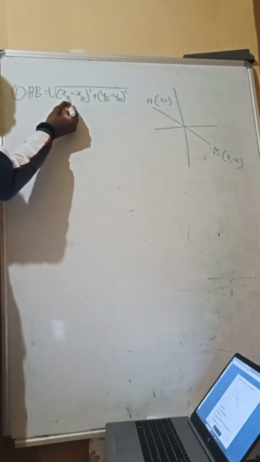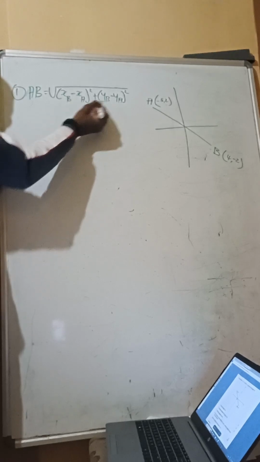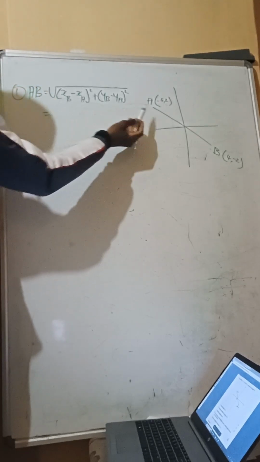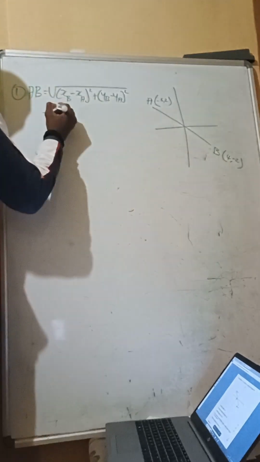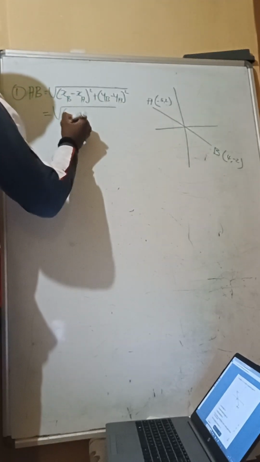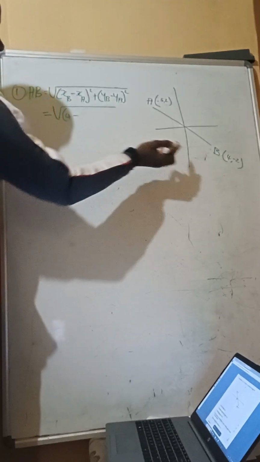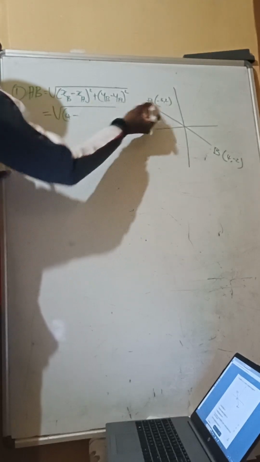Remember that if you first start with A, even on the side you must start with A. So the x of B is 4. I have to put my square root, and it's going to be 4 minus x of A, which is -5.